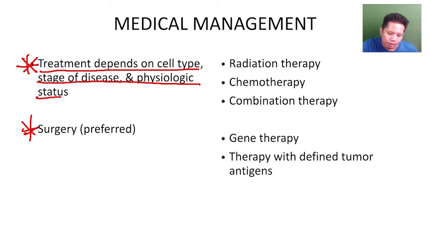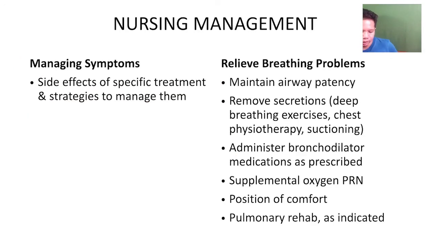We also have radiation therapy, chemotherapy, and combination therapy. Also, we have gene therapy, where we would determine yung TB gene aspect, especially if it's tuberculosis in origin. They would be reviewing the gene factor which is causing the probable growth. And then therapy with defined tumor antigens if proper diagnostics are resolved.